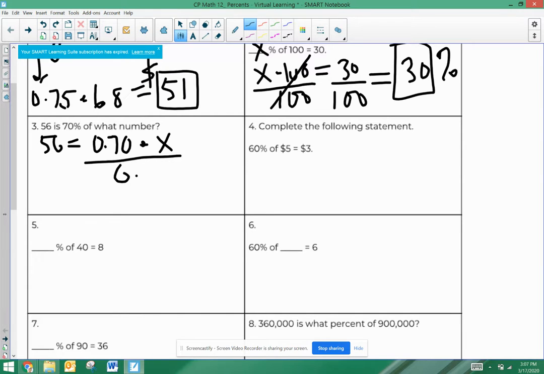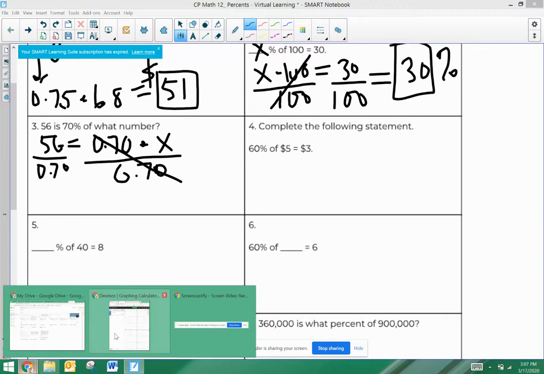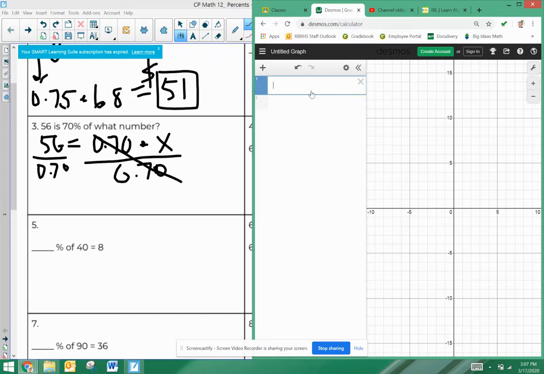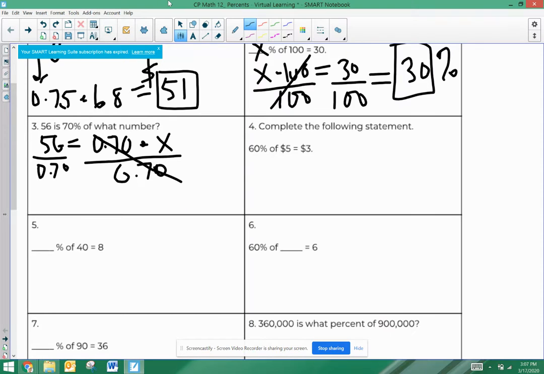So divide both sides by 0.70. Pull my calculator up. 56 divided by 0.70. We got 80 there. So then our answer is 80.